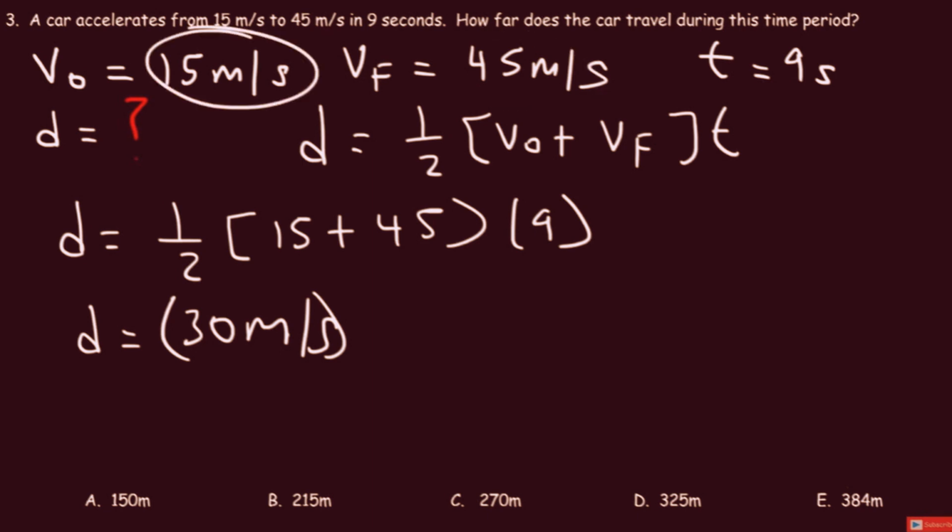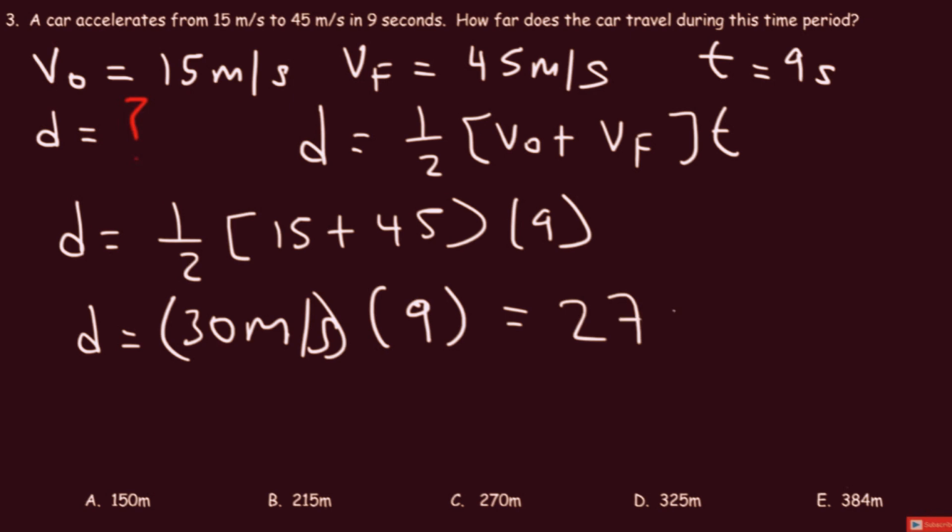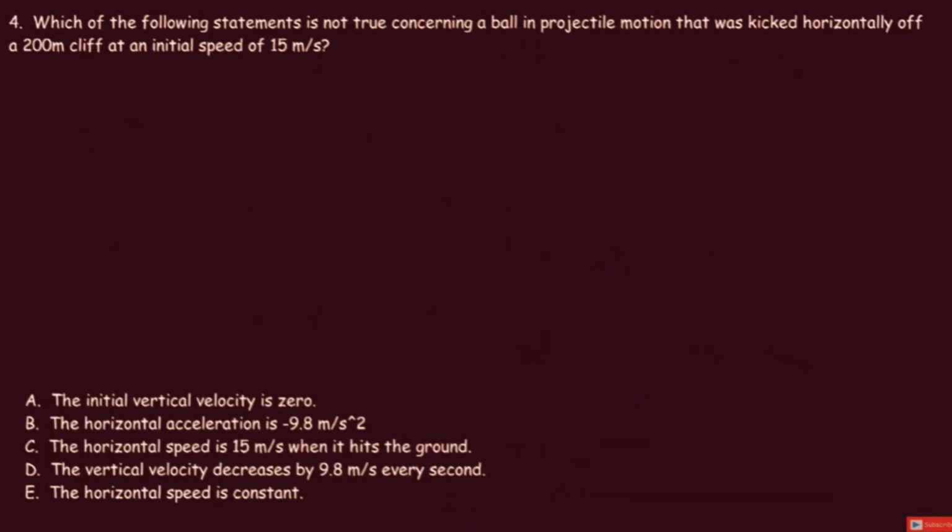So it's going to be 30 times 9. 3 times 9 is 27, so 30 times 9 is 270, and it's 270 meters, which means C is the right answer.